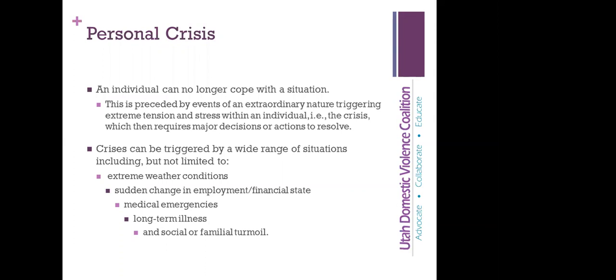It's preceded by events of an extraordinary nature, triggering extreme tension and stress within an individual. Again, it doesn't have to be the most extreme incident to throw somebody into a crisis. It's everything they're experiencing, and then this traumatic cherry on top of what they're going through, that makes it a terrible experience for individuals.